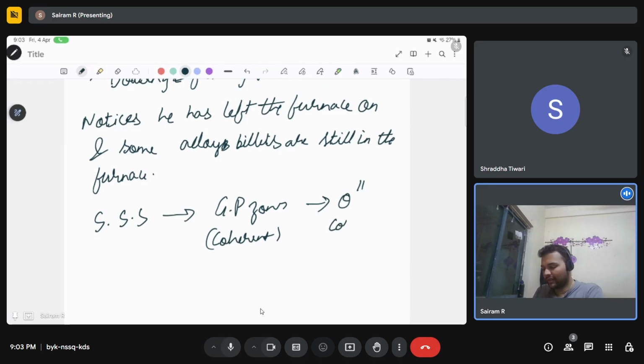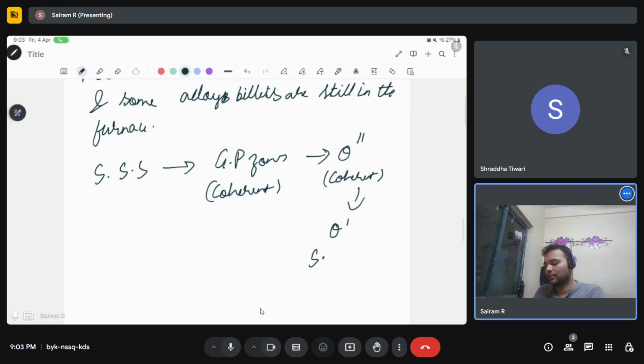It is still coherent even here, but then this forms into theta prime, which is semi-coherent, and then finally it comes down to theta precipitates, which is incoherent, right?